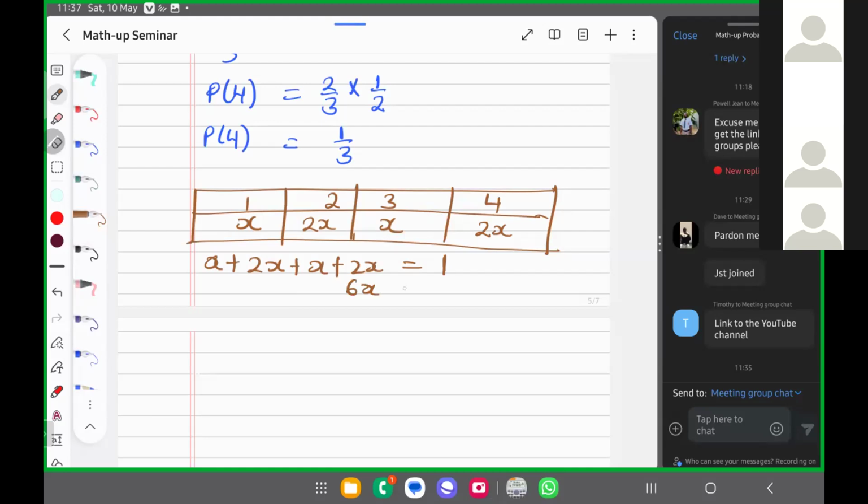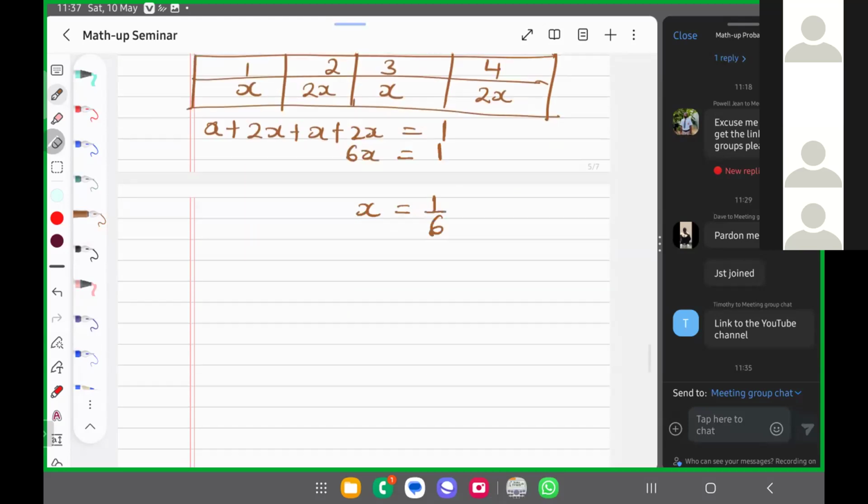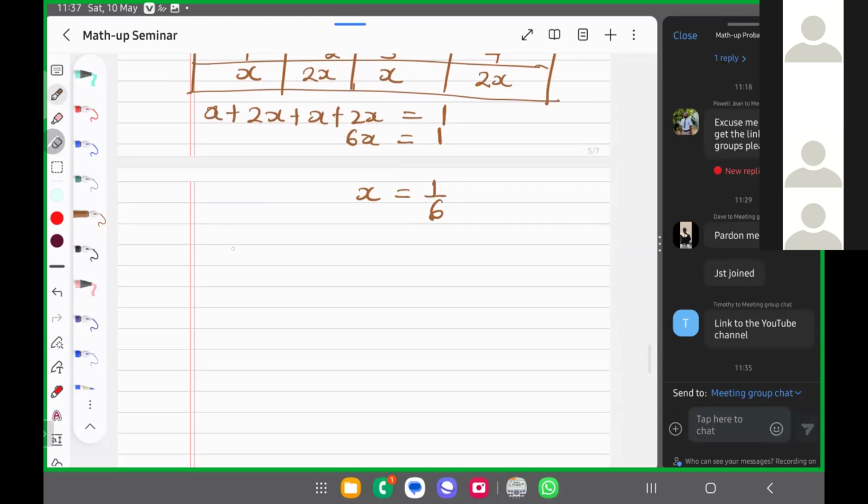So 6x would be equal to 1, and therefore x is equal to 1 out of 6. But the probability of having a 4 is equal to 2x, which means that the probability of getting a 4 would be 2 times x, which is 1 out of 6, and therefore that probability is equal to 1/3.